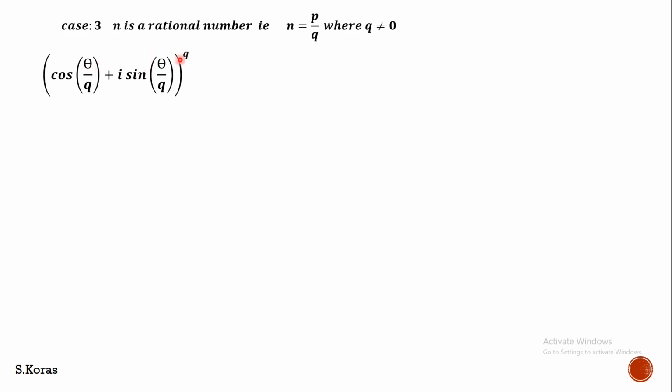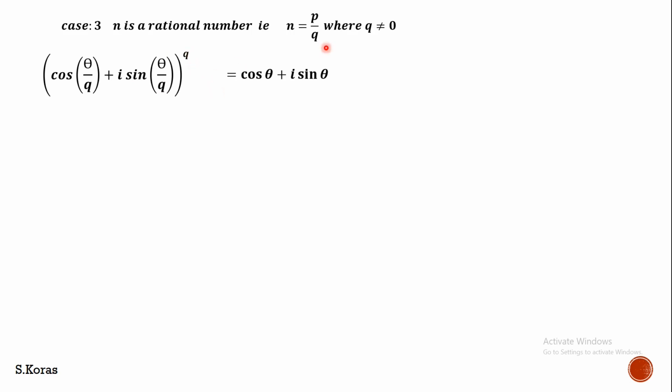In that case, q and q will get cancelled. So the final answer will be simply cos theta plus I sin theta. So we can write cos theta by q plus I sin theta by q, the whole power q, as cos theta plus I sin theta. Right. Now we are going to use a technique.